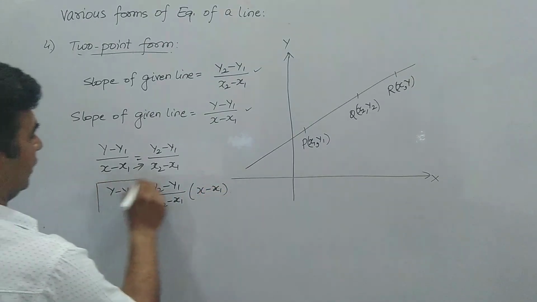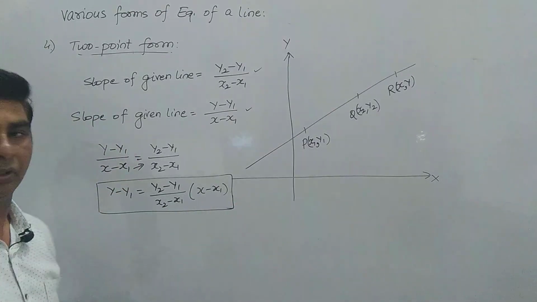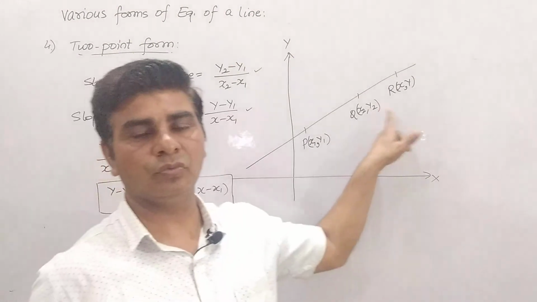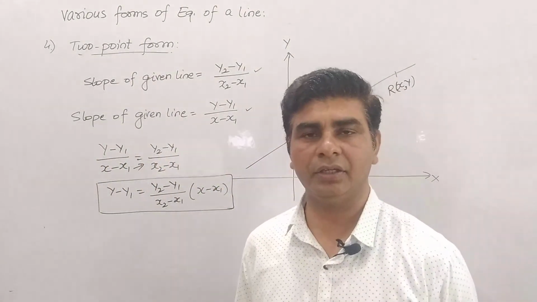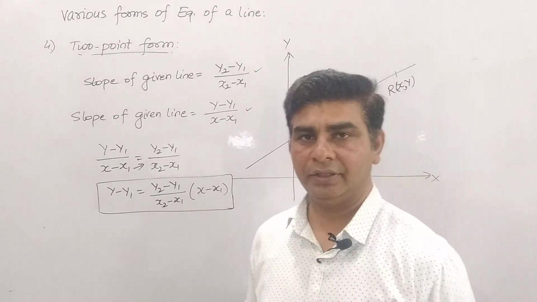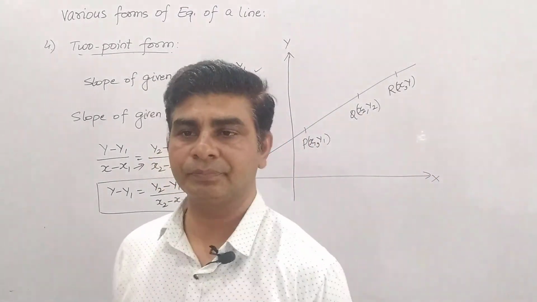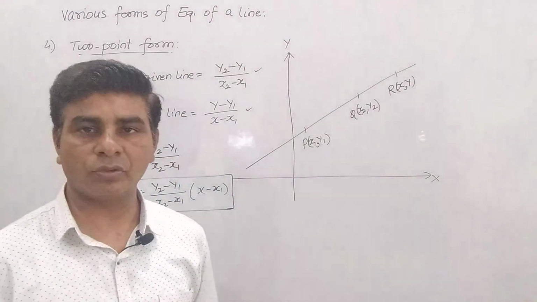So this is the equation of the line passing through the 2 points x1 y1 and x2 y2. In this way we can find the equation of any line which is passing through 2 points. So this was the fourth form, which is known as the 2-point form.